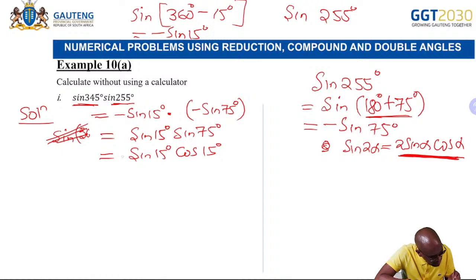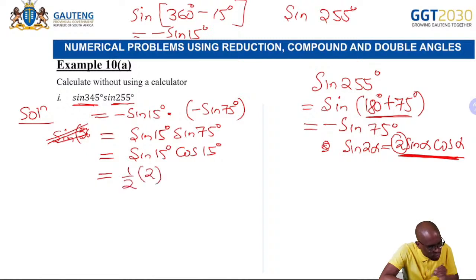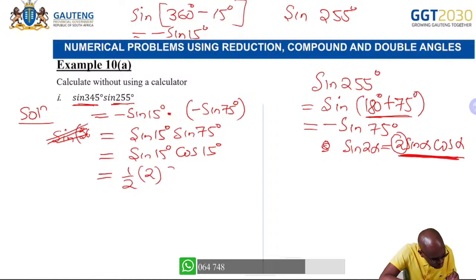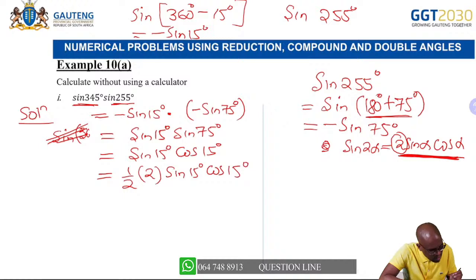But having the product of sine and cos without the 2 will not allow us to simplify. So what we do is strategically introduce the 2. So it's half times 2 into sine 15 cos 15. Now half times 2 still gives us 1, which takes us back to the original expression.